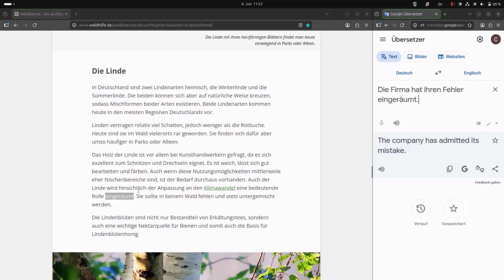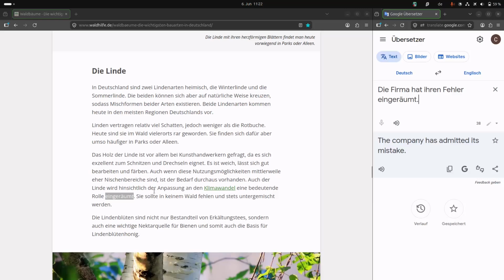It just means to kind of admit to the fact that the linden tree has an important role, or to give space to it, basically, so that it can exist in there as an important role. So, also to the Linde is being, in relation to the adjustment to the climate change, a meaningful or significant role being given, you could say, being emitted, I don't know.